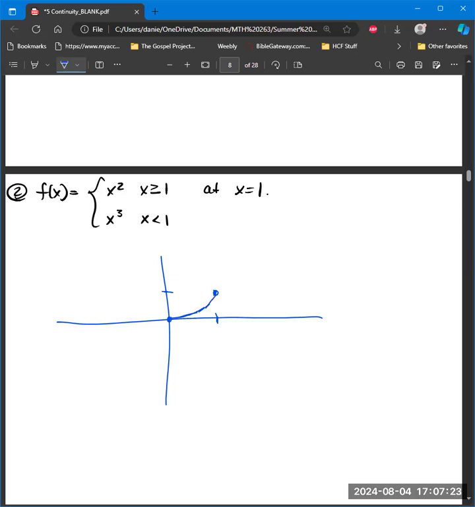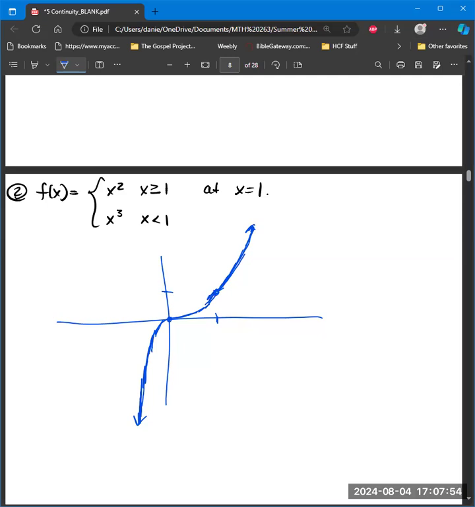And then this is going to come off this way and go up like that. And this is going to turn down like this. It goes from being cubic to being square, but it does connect and has the same limit from the left and from the right.